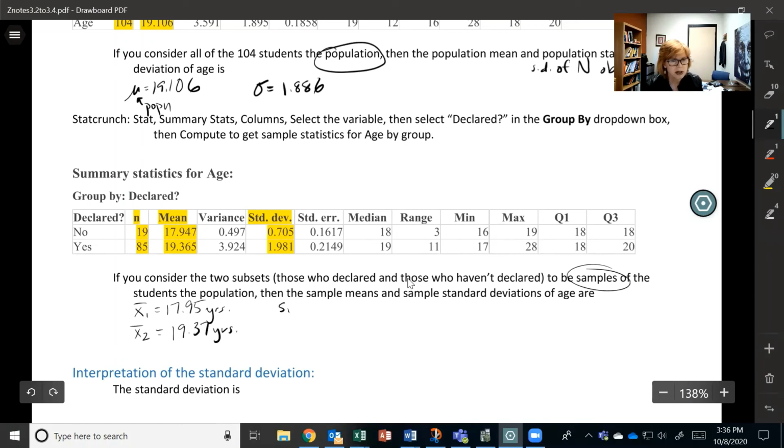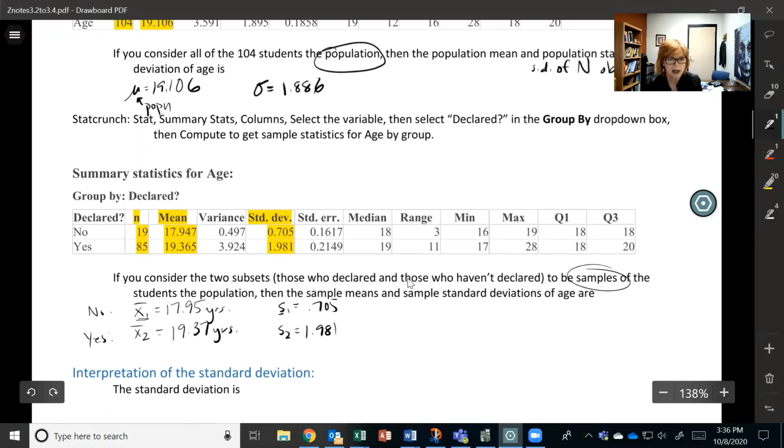And then S1, the standard deviation, this is the one for not declared. This is 0.705, and again, I use S and X1 bar and X bar because it's a sample. All right, so this is 0.705, S2 is 1.981.